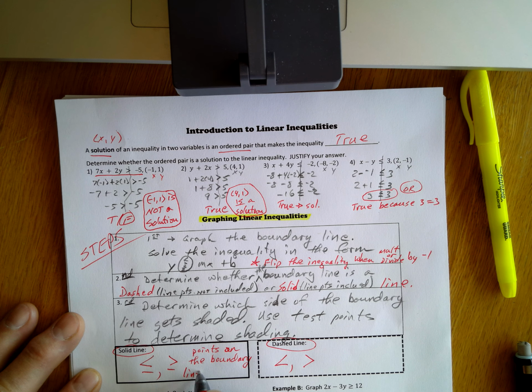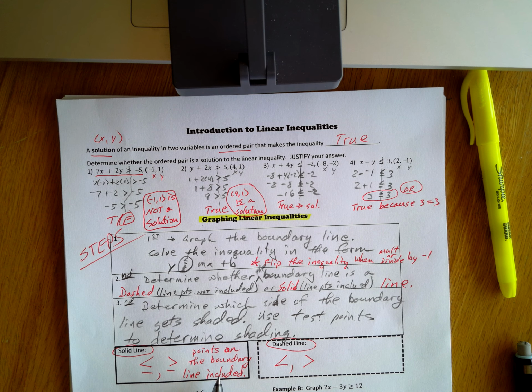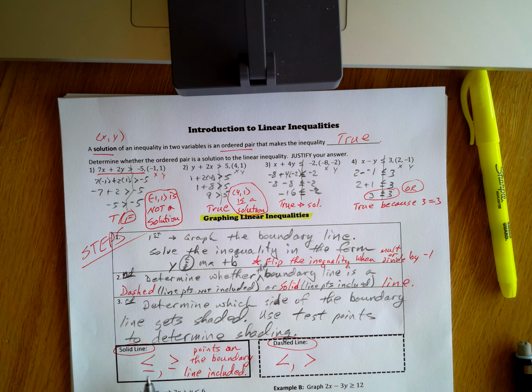Okay? If you think about it, if it's on the boundary line and we have a less than or equal to, that means it's equal to if it's on the line. Then the point that we're testing is equal. Okay? So it's just the converse of this, the opposite of this.